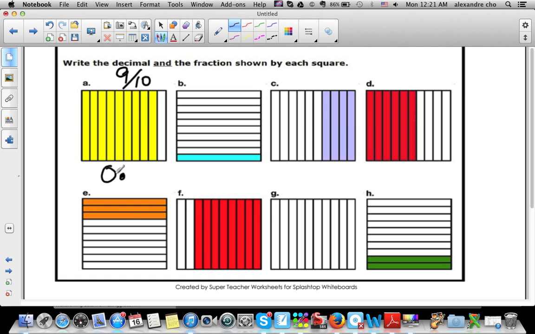And I know we're talking about the tenths place because it was broken up into 10 pieces, and out of the 10 pieces, we took 9. So as a fraction it's 9 out of 10, or as a decimal it's 0.9. Something that was broken in 10 pieces, and I have 9. Alright, so, sorry, press pause, take a couple of minutes, do the rest, and come back.